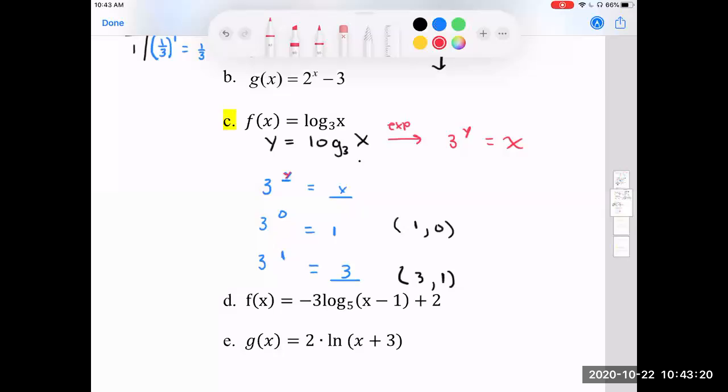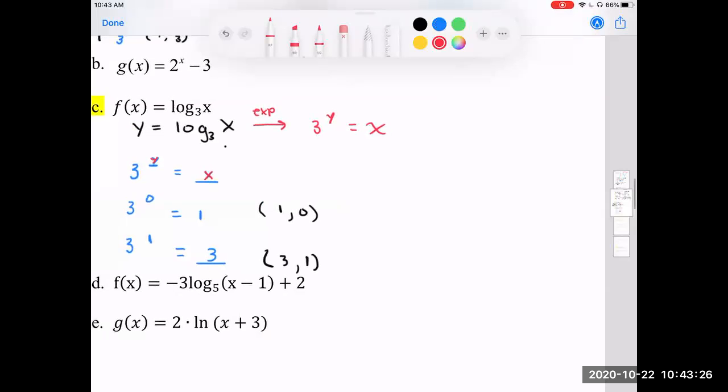Since this comes from your logarithmic function in exponential form, you really only need 2 points, because they all look like this weird L shape. And I say weird because it's not an L. It could be a backwards L, or an upside down L. All right, so I have 1, 0, and 3, up 1. So our graph looks like this.